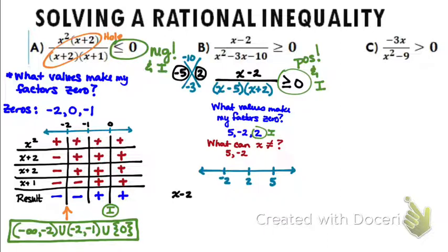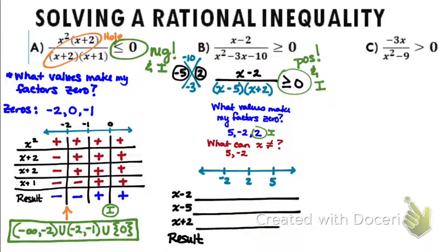I need x minus 2, x minus 5, x plus 2, and then I need a row for the result. All right. And then it's just a matter of determining what is positive or negative and where that's happening.